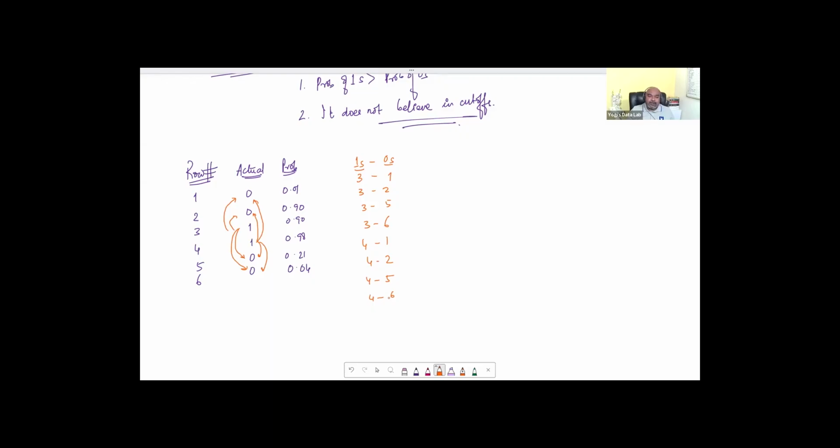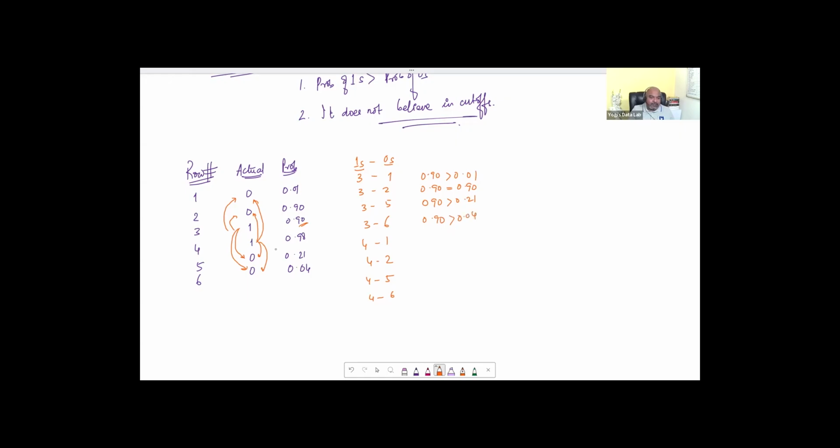Once the pairs are created, it is going to check if the probability of ones is greater than the probabilities of 0. So 0.90 is greater than 0.01. Good. Here 0.90 is equal to 0.90. Then 0.90 is greater than 0.21, 0.90 is greater than 0.04.